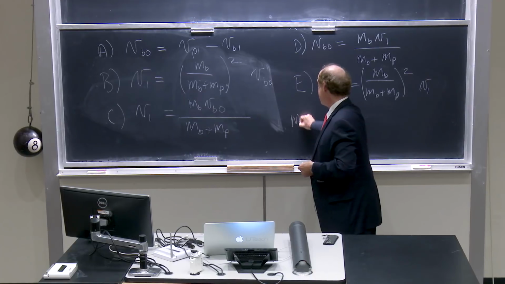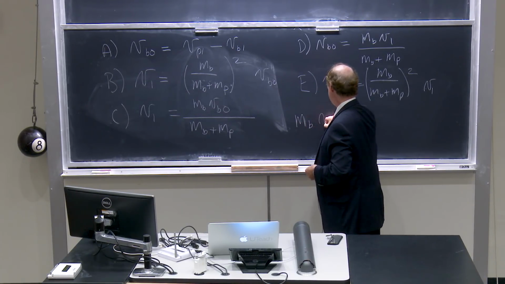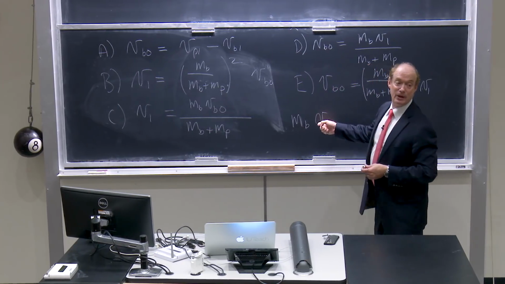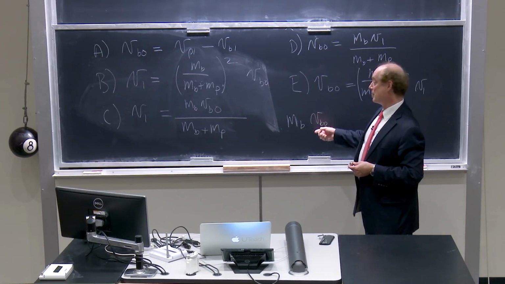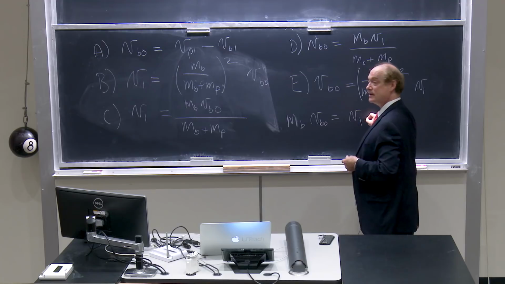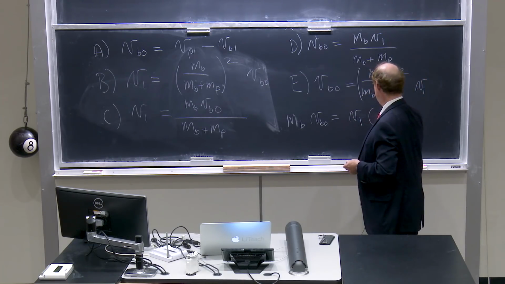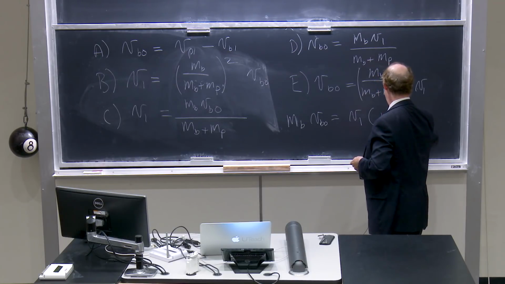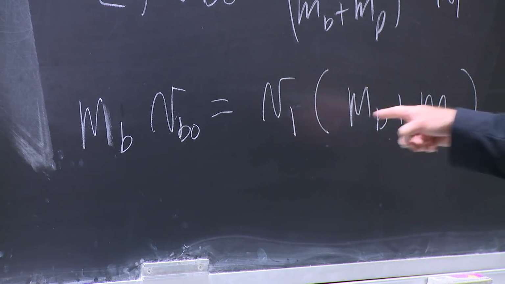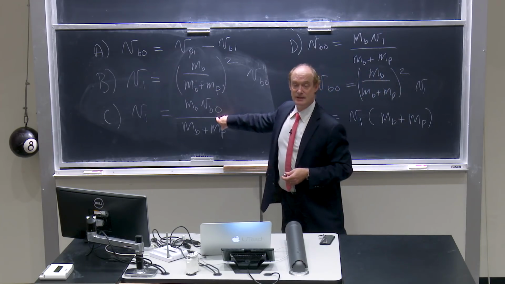So if we take mb to be the mass of the ball and vb naught to be the velocity of the ball just after it leaves the spring but before it hits the pendulum, then that has to equal v1, the velocity of the ball and pendulum moving together, times the total mass. And that, with a little bit of rearrangement, is exactly c.